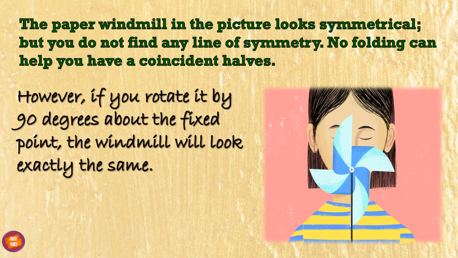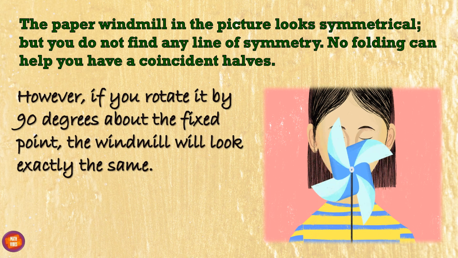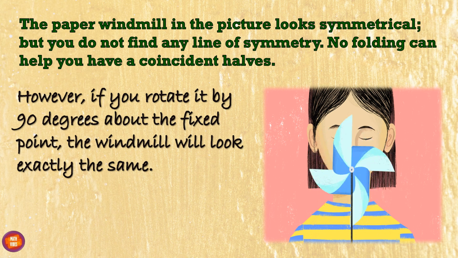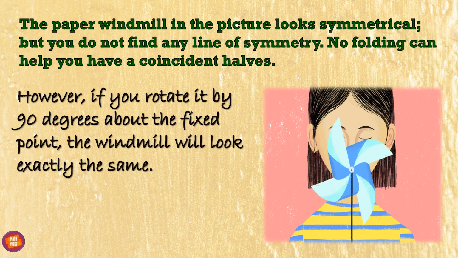However, if you rotate it by 90 degrees about a fixed point, now it will not have line of symmetry. But अगर आप इसको 90 degrees पे rotate करोगे इसी fixed point पे, you will see that this paper windmill will look exactly the same. So we say that this paper windmill has rotational symmetry.